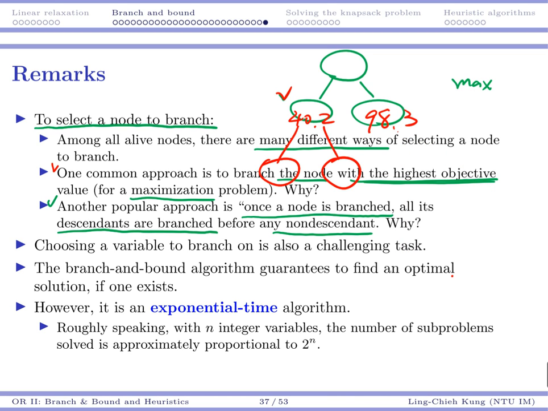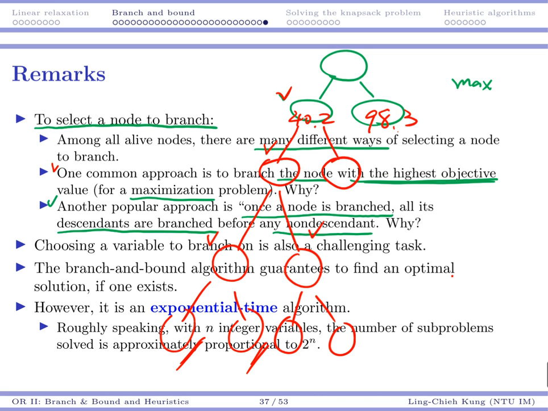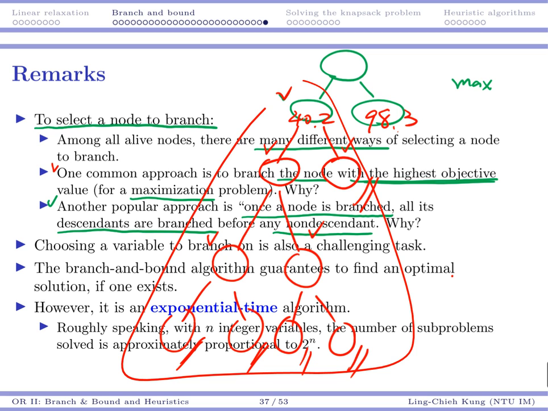So if we choose this one, we move on. And then if we choose this one, we move on. And then suppose this is dead, that is dead, we will choose this one. We move on, this is dead, that is dead, and then we do this one, this is dead. Only after the whole subtree here has been done do we move to the other subtree.